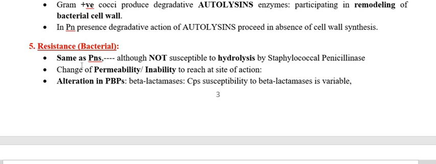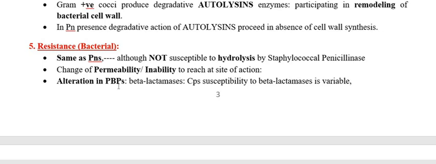Next is the alteration of the enzyme. As a summation, the enzyme we call penicillin binding protein. Penicillin binding proteins are the enzymes on which beta lactam antibiotics act. When these enzymes are changed by the resistant bacteria, the structure is different from that of the susceptible bacteria.